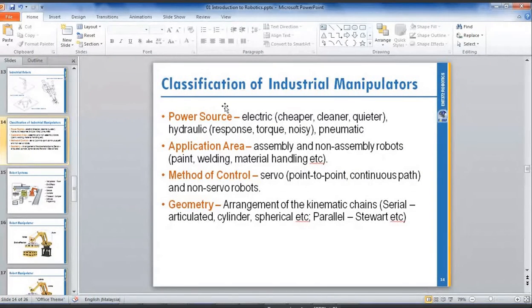We classify based on the power source, application area, method of control, and geometry. So if we want to purchase a robot, we need to consider these 4 main items.